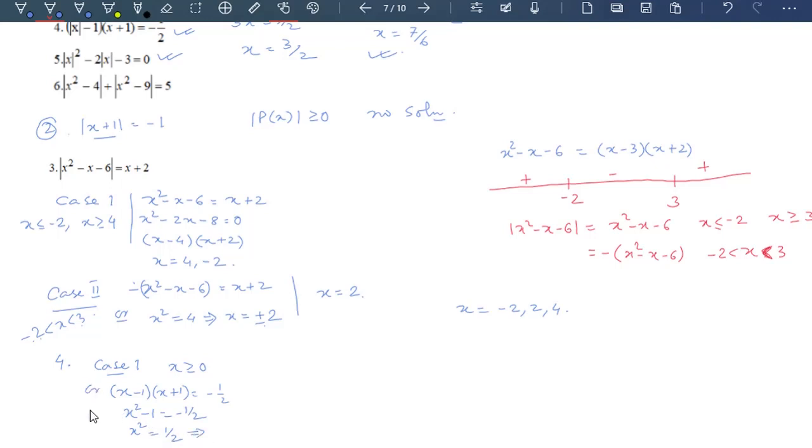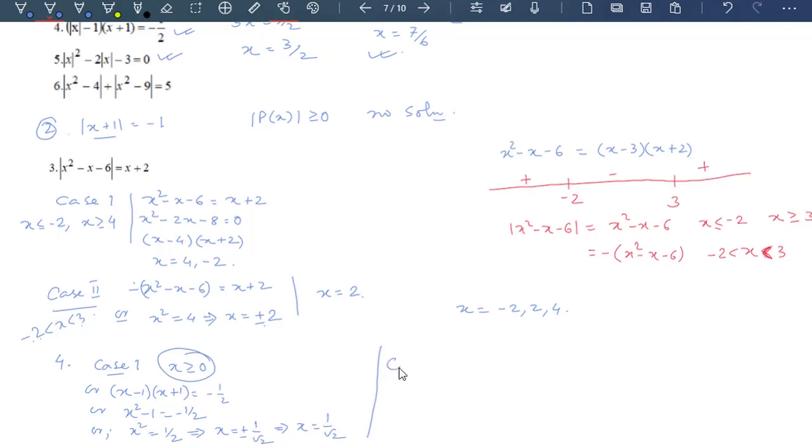That implies x is equal to plus minus 1 by root 2. But x is greater than or equal to 0, so we will take only the positive value. This is one solution.